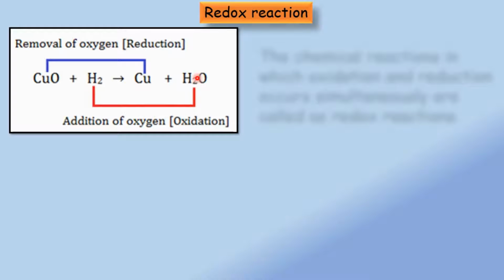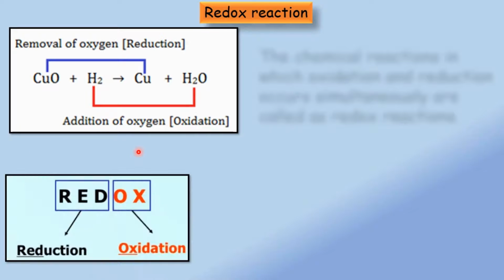Thus here oxidation and reduction occur simultaneously. The reductant is oxidized by the oxidant and the oxidant is reduced by the reductant. Due to these characteristics of reduction and oxidation reactions, a single term, redox reaction, is used in place of the two terms.